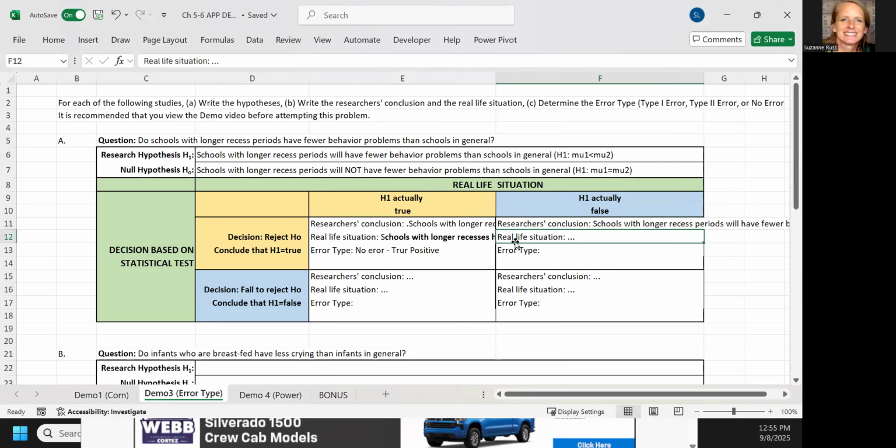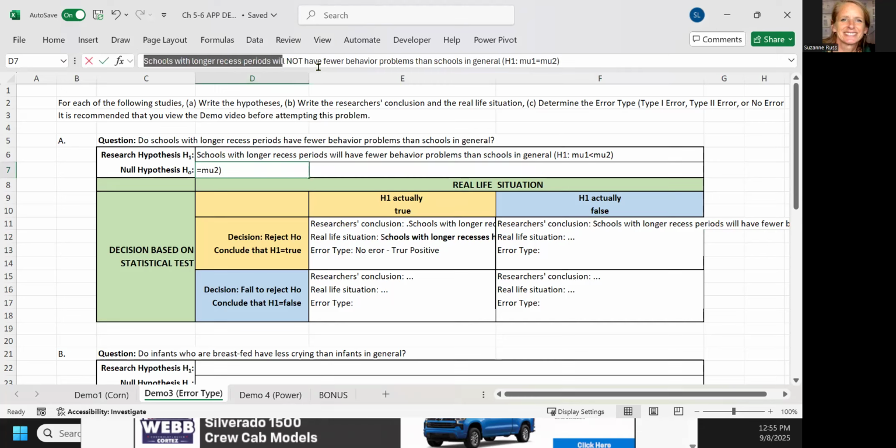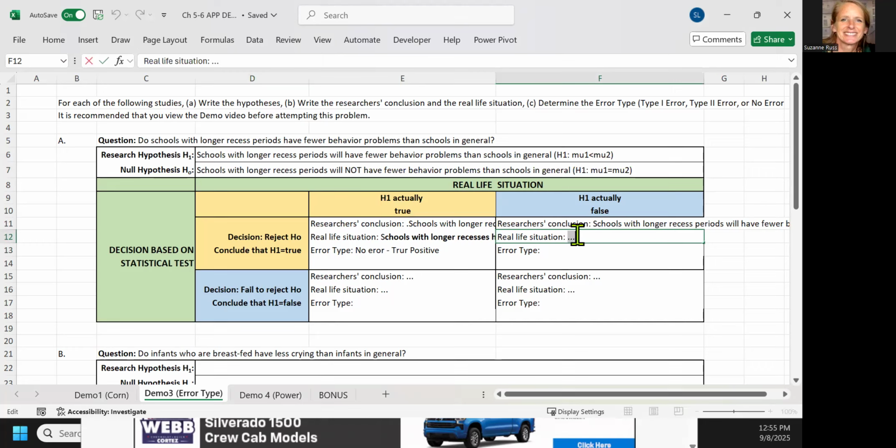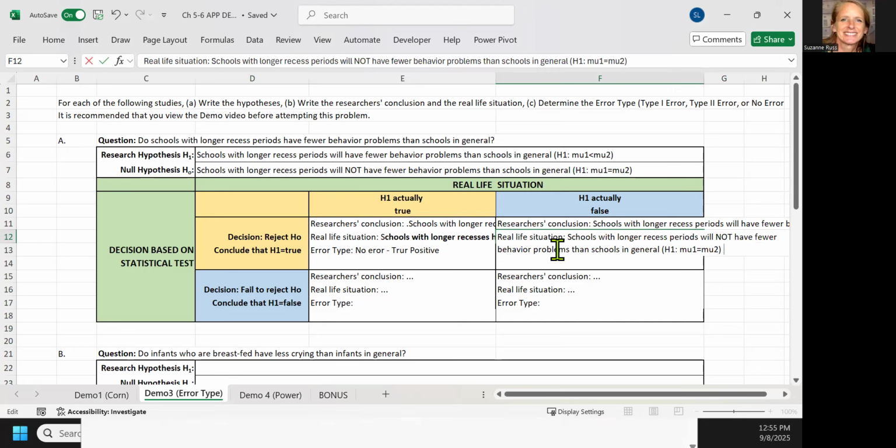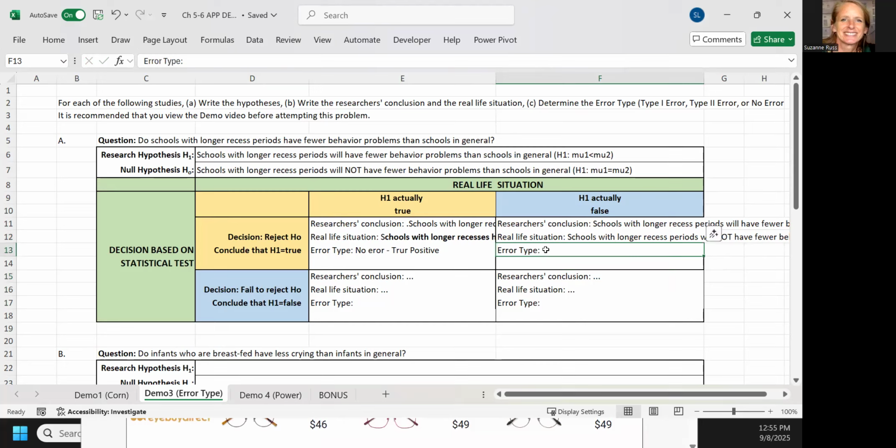And the real life situation is that it's false. Actually, schools with longer recess periods do not have fewer behavior problems. And so this is a type 1 error, a false positive.